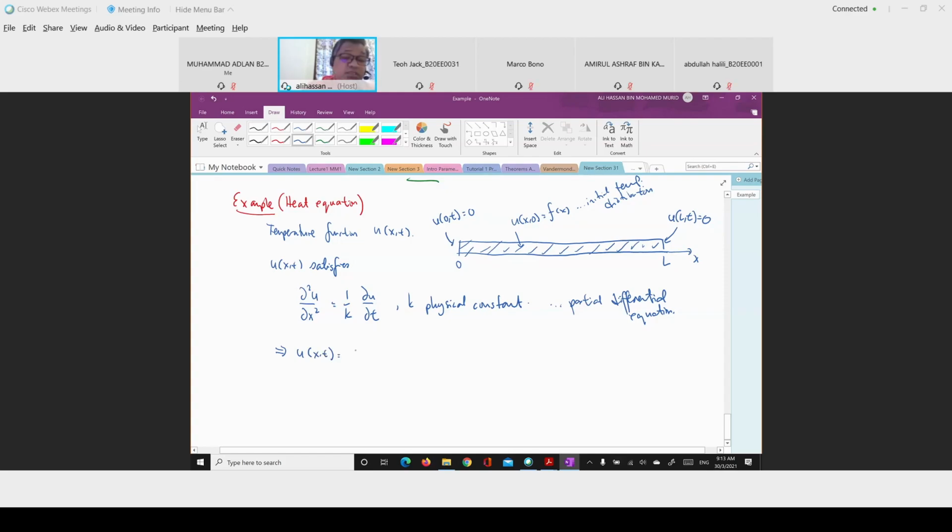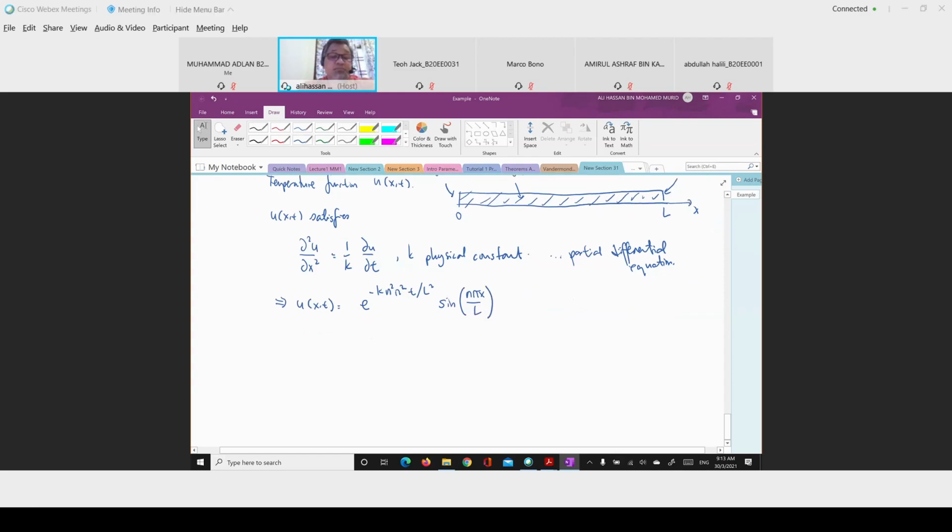The solution can be written as e to the power of minus k n squared pi squared t over L squared times the sine function n pi x over L. This technique shows that the solution of this heat equation is given by this function of two variables, x and t.